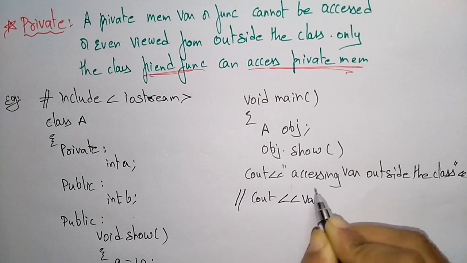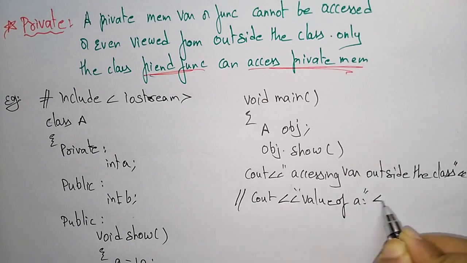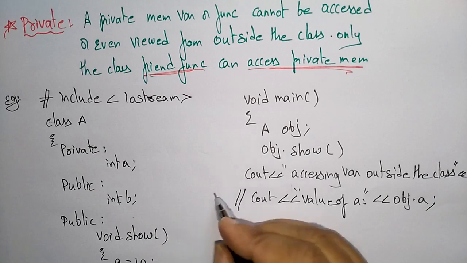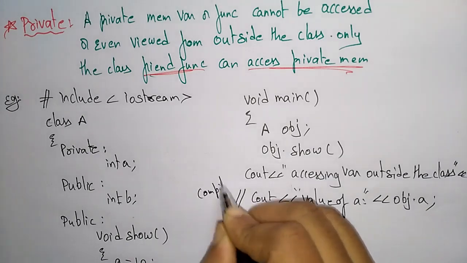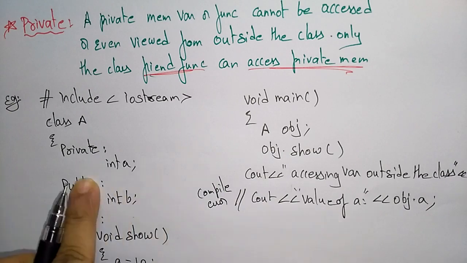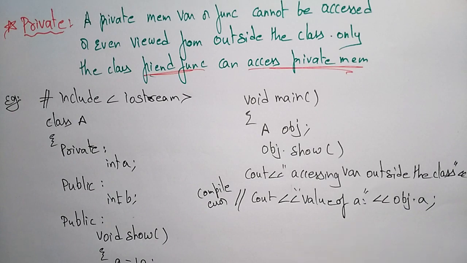Cout value of A. With the help of the object, you are calling that variable, but it shows a compile time error, because A is a private variable. You can't access it in another class.